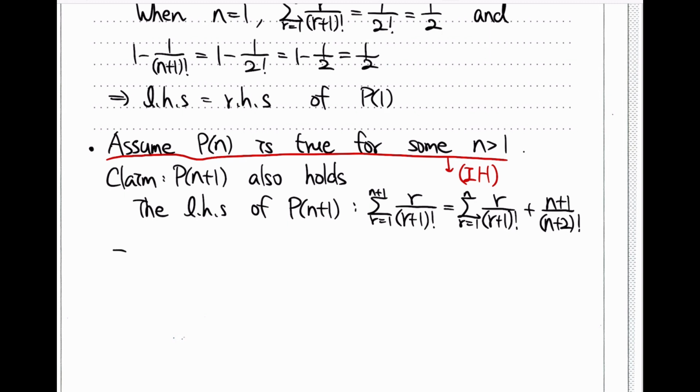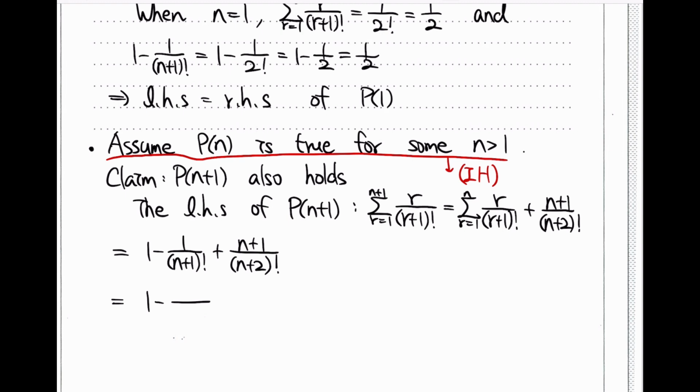So after applying the induction hypothesis, the first term is going to be 1 minus 1 over (n plus 1) factorial, and then plus the last term, which is (n plus 1) over (n plus 2) factorial. So let's combine the last two terms. First, we find the common denominator for the last two terms.